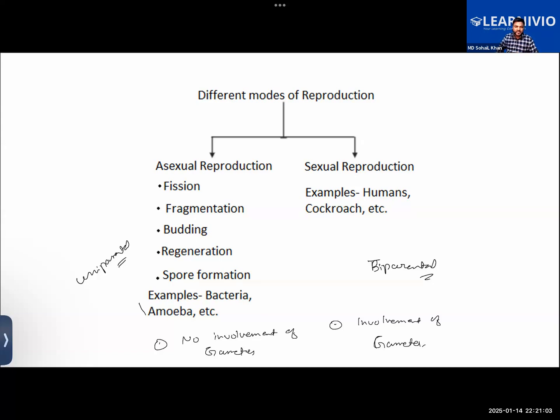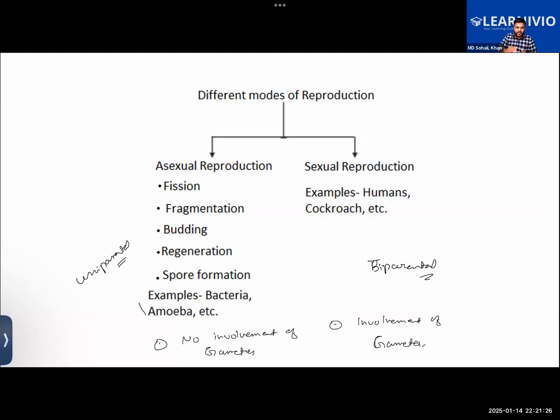Then talking about the significance of reproduction, first of all, it is important for the survival of the species. Reproduction ensures that the species continues to exist on Earth and does not become extinct. It also leads to evolution.